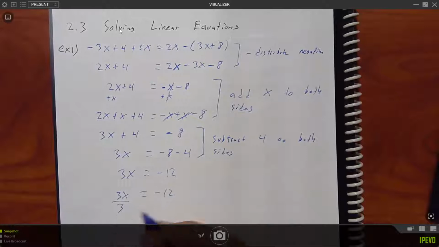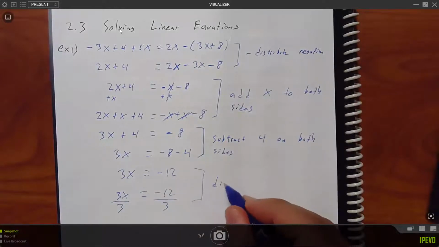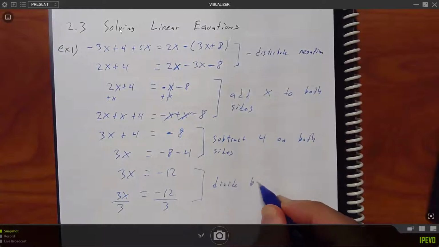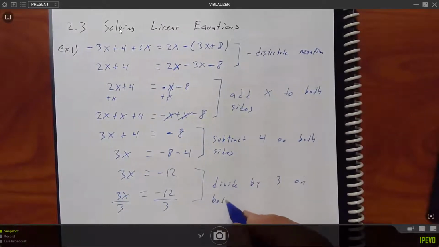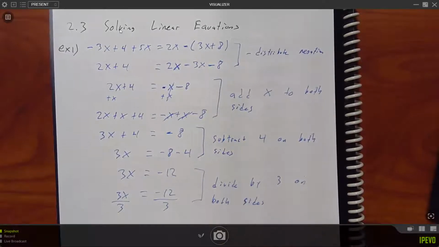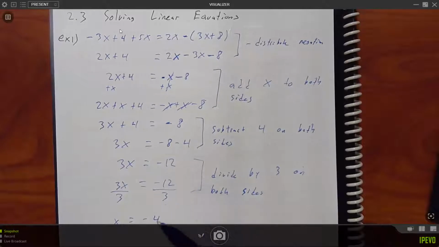Divide by 3, right? So negative 4. Right, because it's negative divided by positive, so it stays negative.